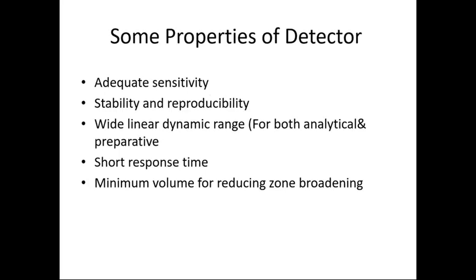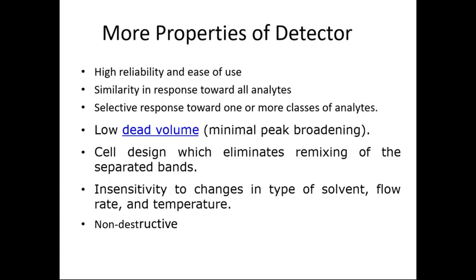Some of the properties of the detector are: it should be sensitive, it should be highly stable and reproducible, and it should have a wide linear dynamic range. We saw what this linear range was. It should have a very short response time, because you have a flow rate of 1 milliliter per minute, so the sample will be flowing through fast, and the detection response has to be very quick. Then it should be easy to use.